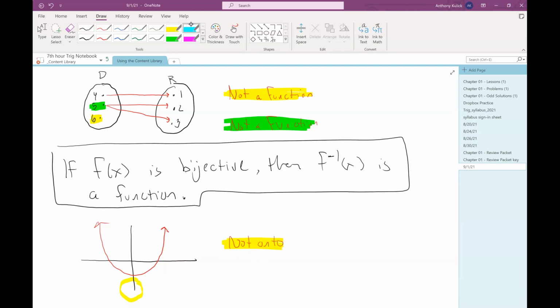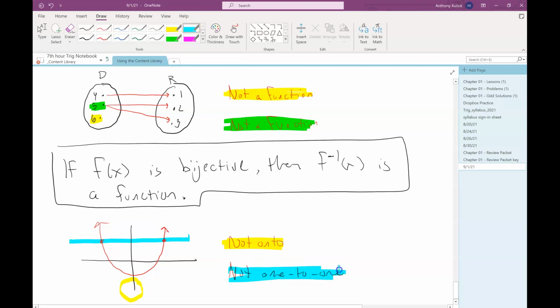Are there any points that use the same y coordinate? Well, sure, these things that are on the same horizontal line use the same y coordinate. So they're not one-to-one. So we can use this horizontal line test to check if a function is one-to-one. That's an easy check for a graph.